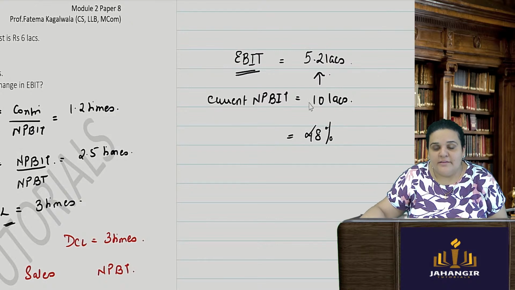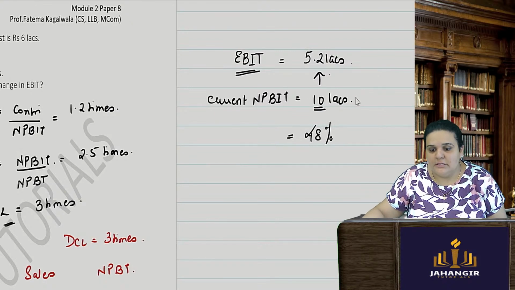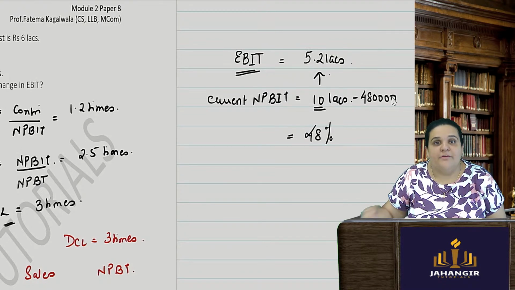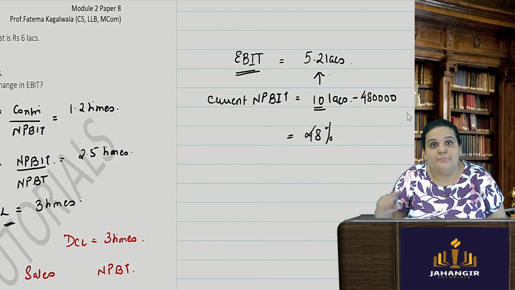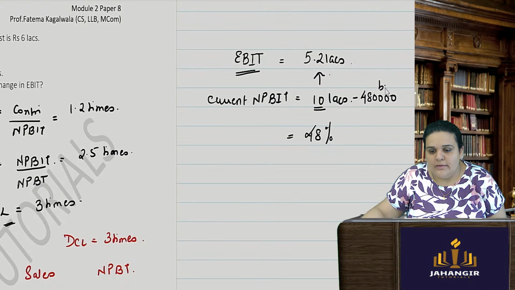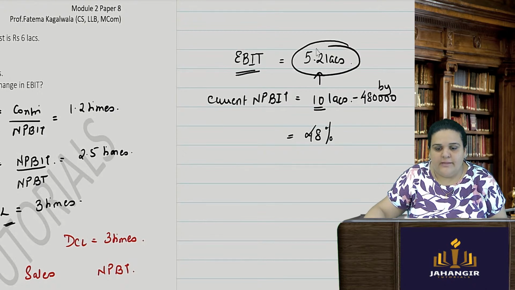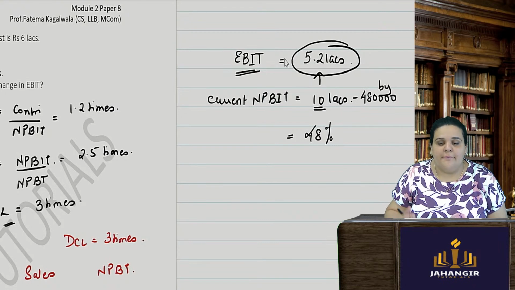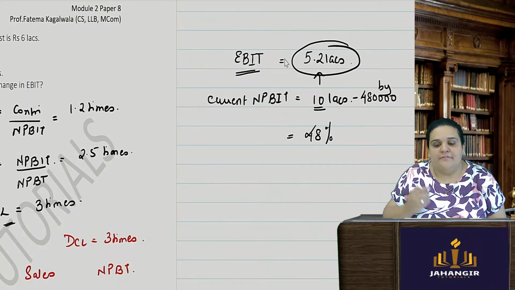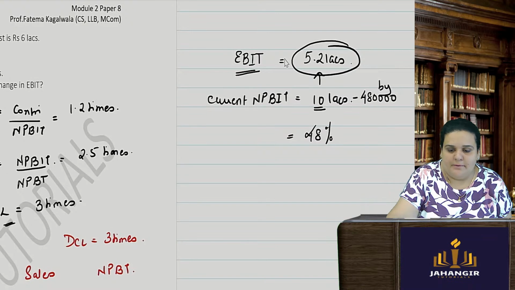Why? Because I will have to decrease this minus this, 4,80,000. From 10 lakhs, I have to decrease by 4,80,000. Only then I will arrive at 5.2 lakhs. So basically, it is a 48% decrease I will have to do in my NPBIT.